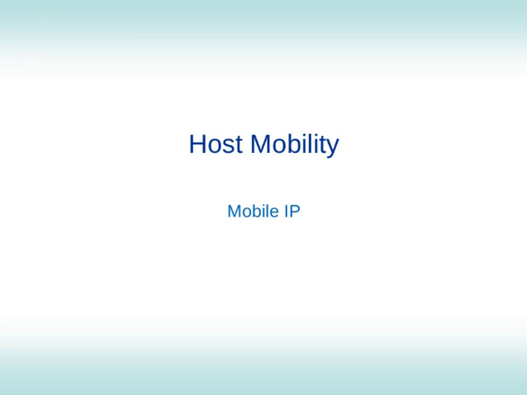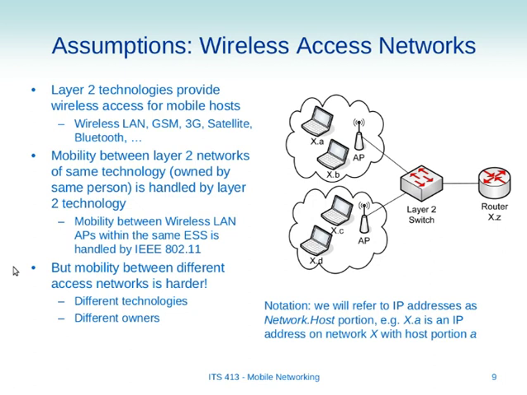I may have the choice of using Wi-Fi, 3G from one operator, or 3G from another operator, without moving. And sometimes, under different conditions, I may want to switch between them. That's considered host mobility. I'm not physically moving, but I'm moving my network attachment. We'll see how that works.